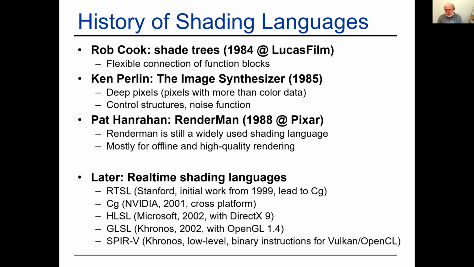It was only when graphics cards became powerful and programmable enough, or when it was clear that they would become programmable, that this whole topic of shading languages came up, and people thought about how to implement this for a GPU rasterizer. The first work actually happened while I was still at Stanford.